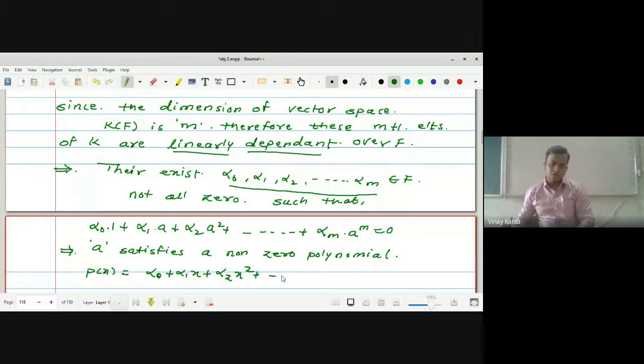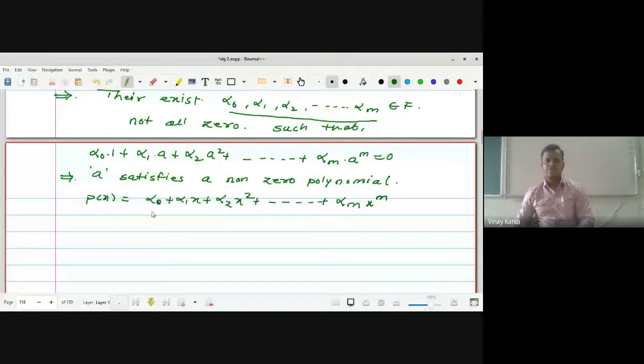All the coefficients alpha naught, alpha 1, alpha 2 belong to F. This means that p of x belongs to F[x] of degree at most m.